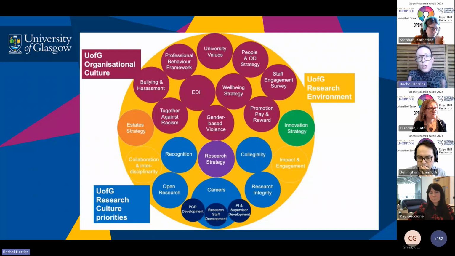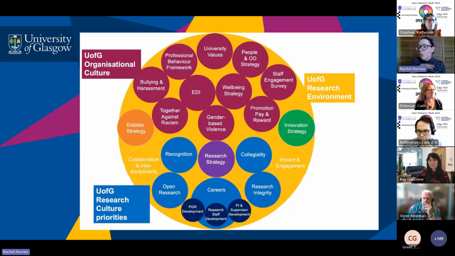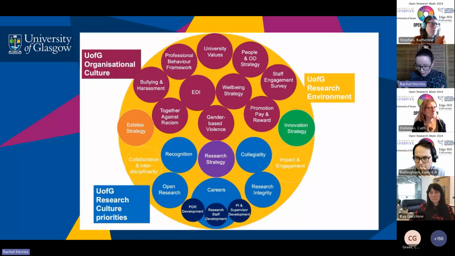So it's showcasing that research culture is just one element of the wider university organisational culture at Glasgow. And while we adhere to and advocate for some of those elements, for example, equality, diversity and inclusion, we are not the owners of that.